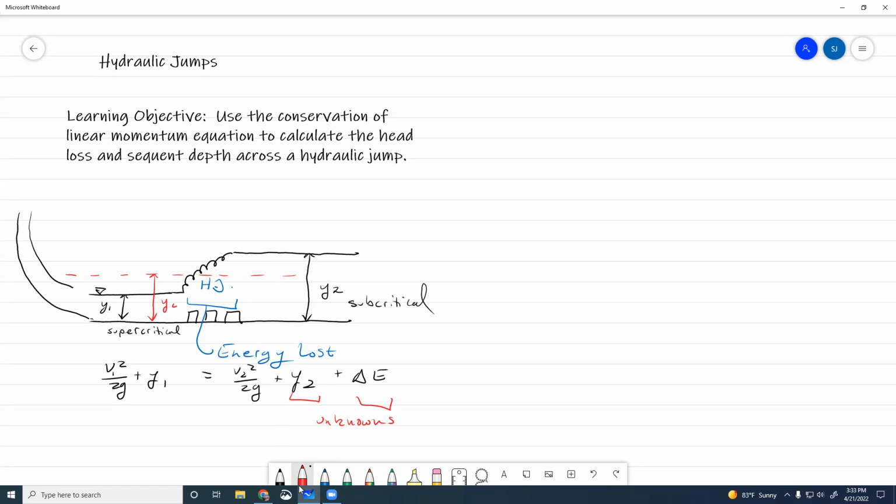So what we'll do then is we're going to turn to the conservation of linear momentum, because linear momentum is, we can say, conserved across this hydraulic jump. And then think about how to calculate Y2 and delta E from that. So let's go over there.